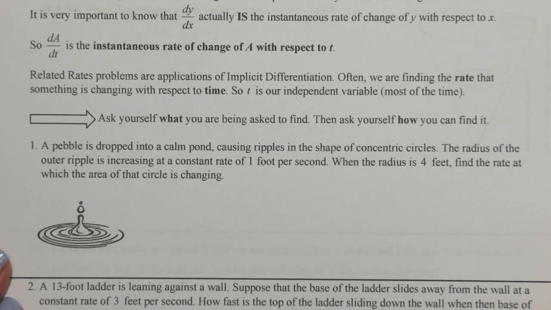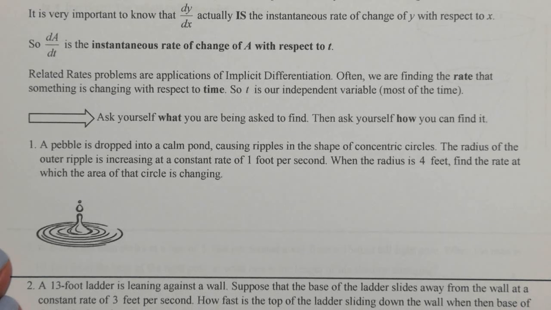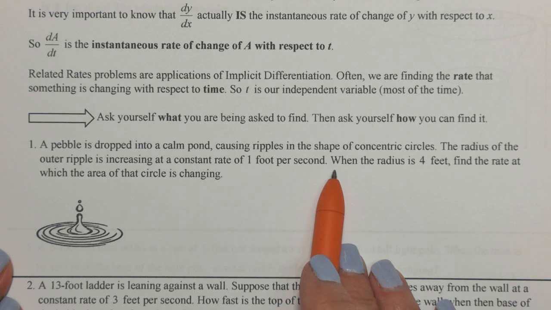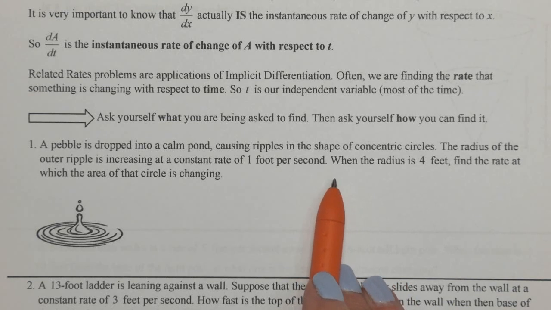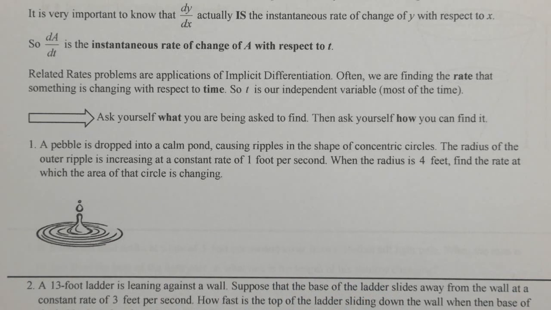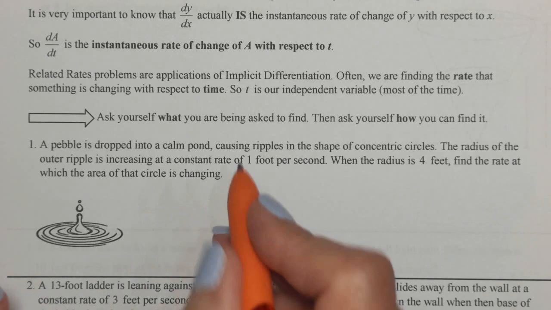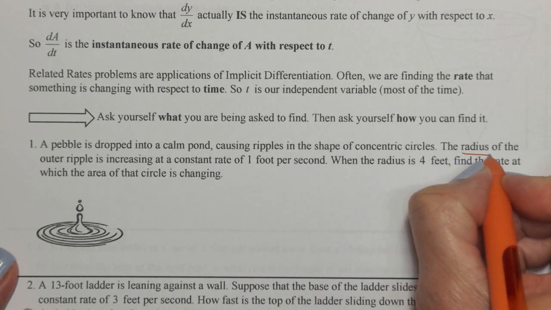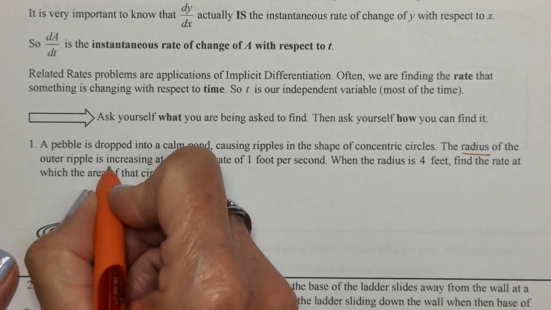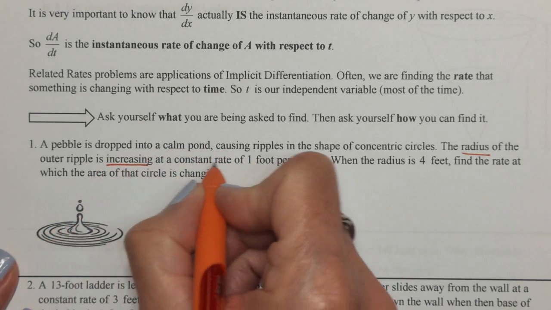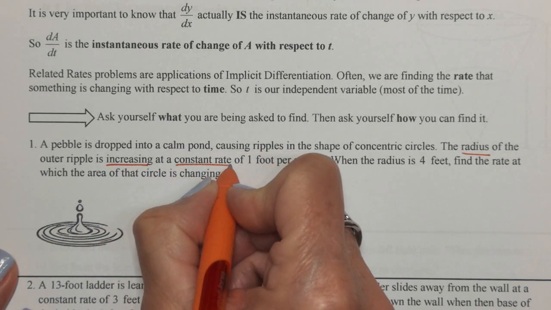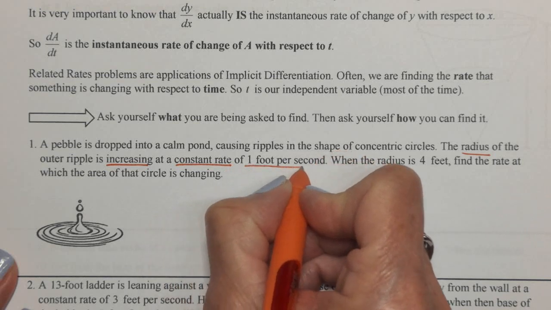A pebble is dropped into a calm pond, causing ripples in the shape of concentric circles. The radius of the outer ripple is increasing at a constant rate of 1 foot per second.